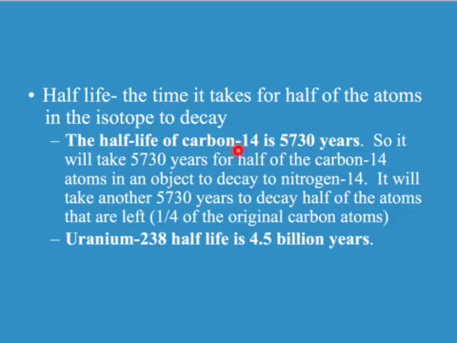So if you have 100% of carbon-14, after 5,730 years, half of the atoms are going to decay, so you're left with 50%. And that's going to turn into nitrogen-14. Then after another 5,730 years, another half will decay. So now you're left with 1/4 of the remaining carbon-14, or 25%.